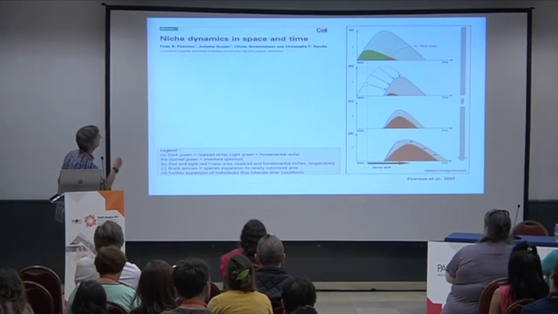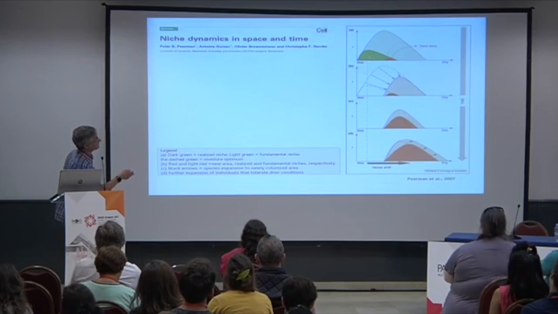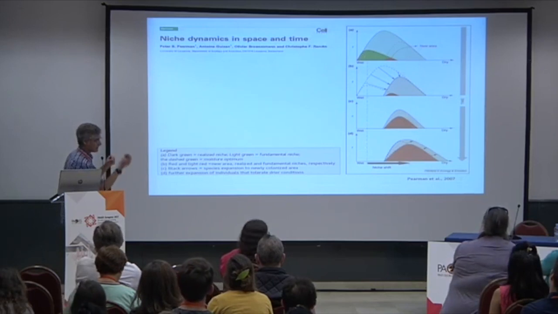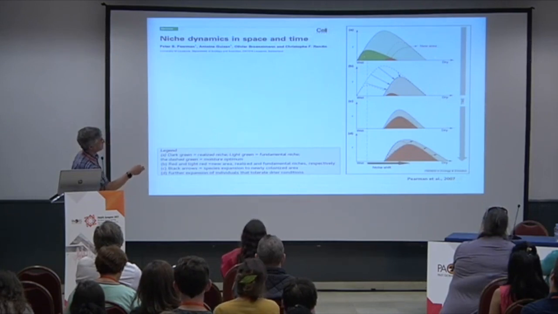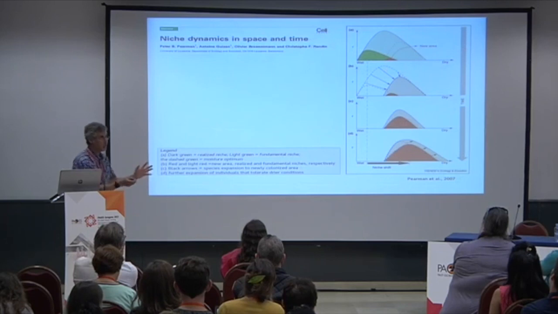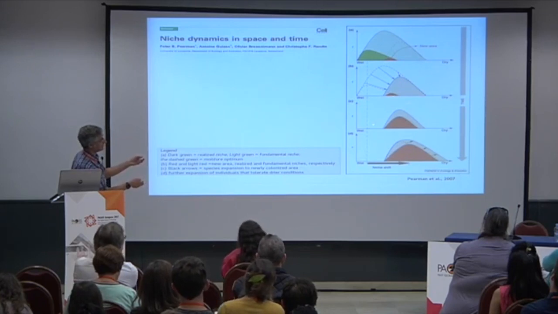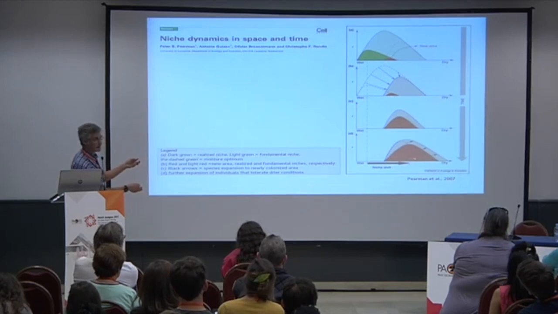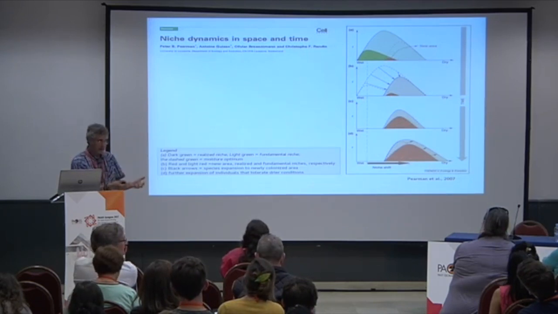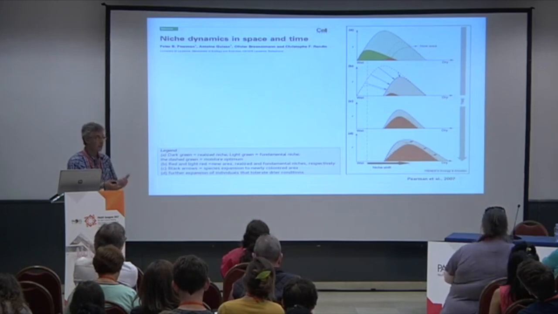I like this sketch here made by Peter Perman and his colleagues, where they made a theoretical sketch to show that, in fact, the fundamental niche and the realized one at a certain time t can change when the species adapts or does something. So the red one is the realized niche that switches into fundamental niche, and then it moves on, and then we end up with a new realized and new fundamental niche through time by adaptation process.